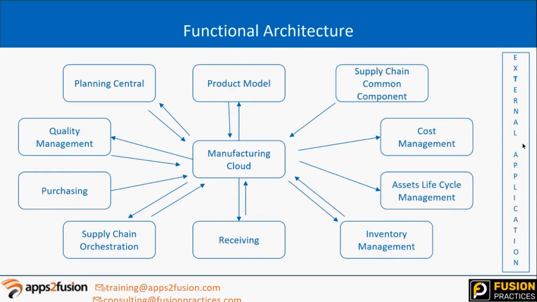Create work order will have a get, which gets the work order from the external application. It has a post, which posts the work orders from the manufacturing cloud to the external application. I will show you the web services available in manufacturing on our last day, I mean day 3. No problem. Let's go into details later.